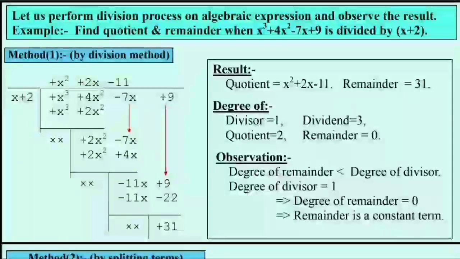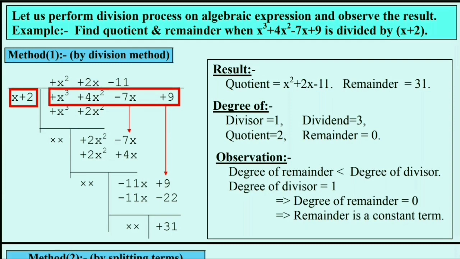Let's start with a very simple example of division. Here a polynomial is divided by a simple algebraic expression in which the dividend is x cube plus 4x square minus 7x plus 9 and the divisor is x plus 2.